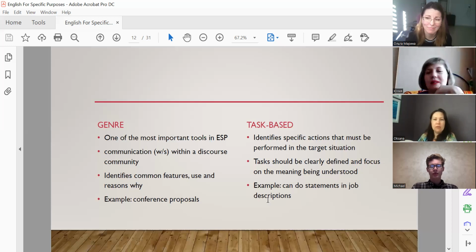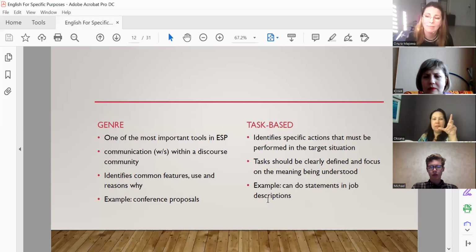So a can-do statement would be something like being able to communicate with the person coming to the garage, to the car repair shop, and actually knowing the vocabulary.